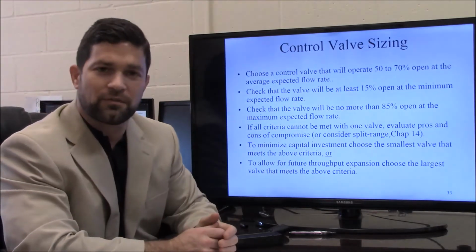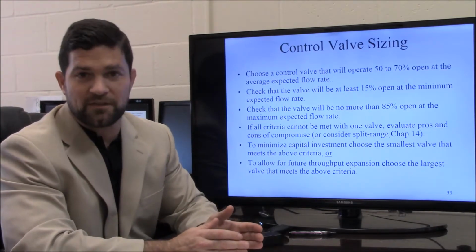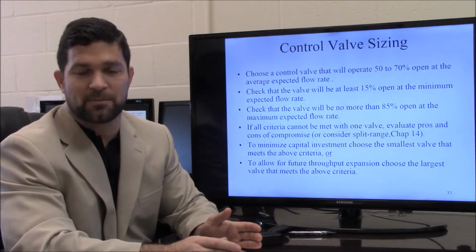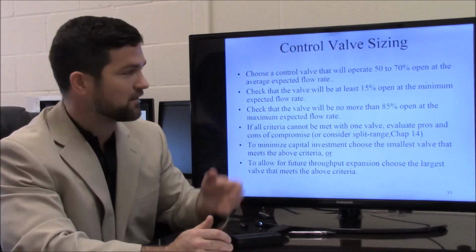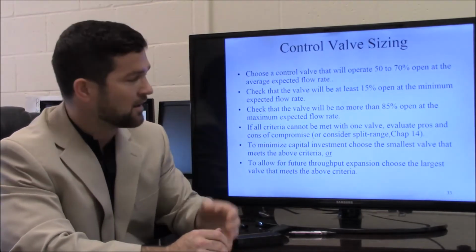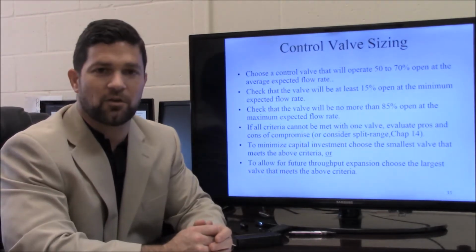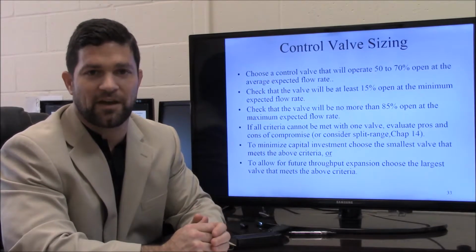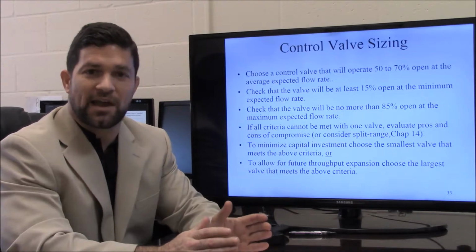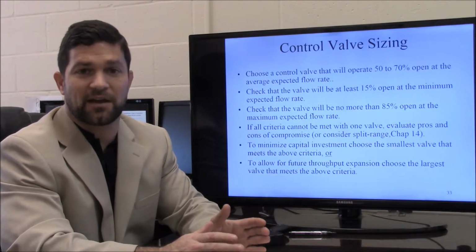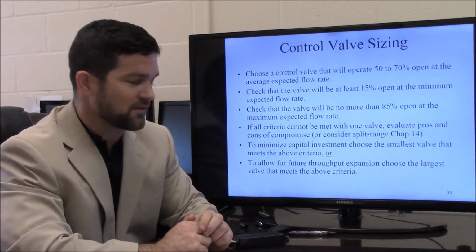Overall, we want to make sure that the valve is open at least 15% and no more than about 80% over the entire range of flow required. So at the minimum flow rate, the valve should be open at least 15%, and at the maximum flow rate, the valve should be open no more than 85%. Typically we can use these two guidelines to identify a valve that works best for a given process.